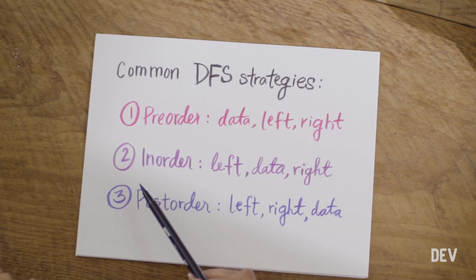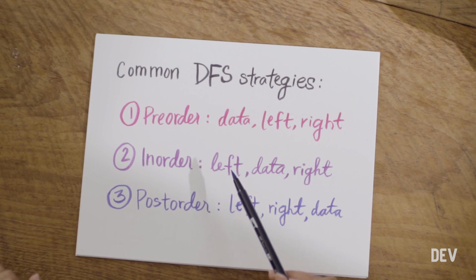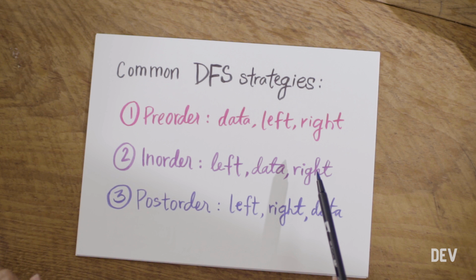In contrast, with in-order traversal, we read the left reference, then the data of the node, and then the right reference, if they exist. Finally, in post-order traversal, we first read the left reference, then the right reference, and end by reading the root node, or the node in the context, data.